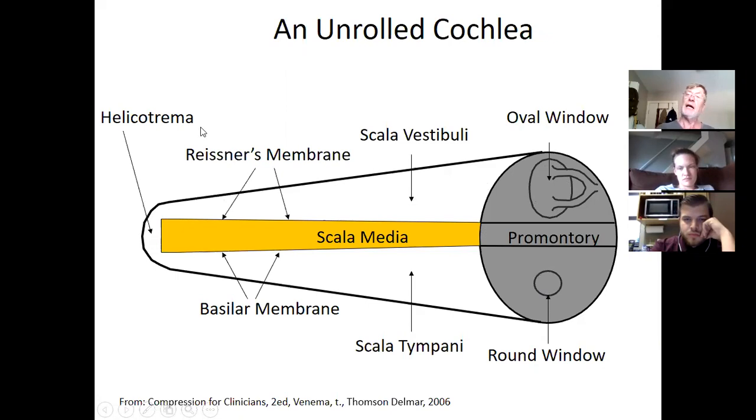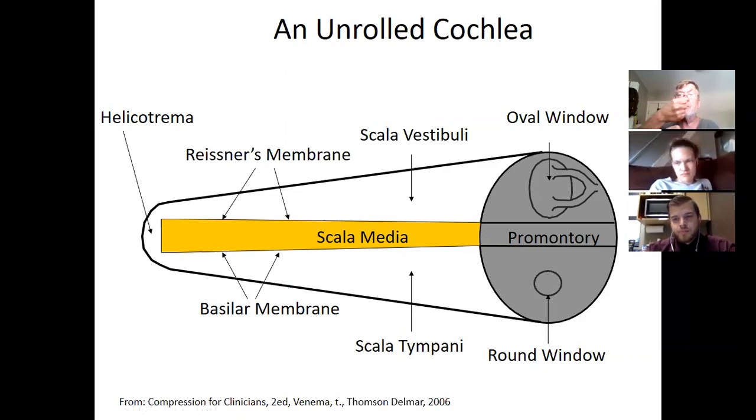I love the name, helicotrema. So you push the fluid here, it goes around the corner and then pushes the fluid out. If the oval window goes in, the round window bulges. That's how you get a trade of movement.